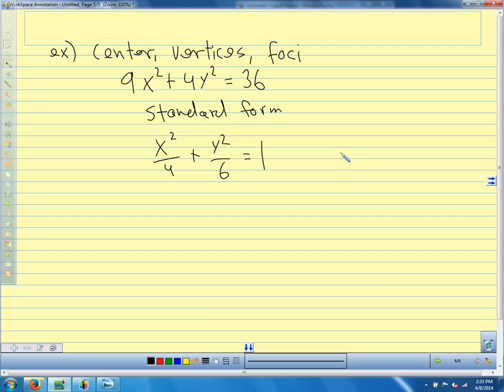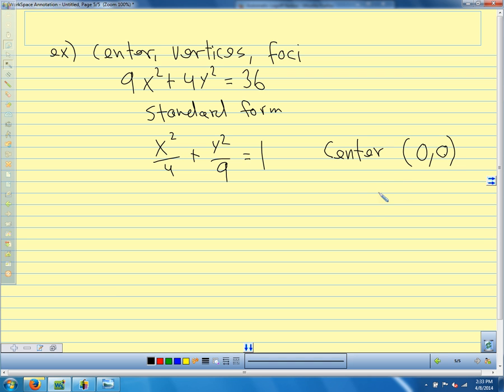Did I divide wrong? 4 times 9. Thank you. So our center is at 0, 0, because we don't have anything subtracted here.